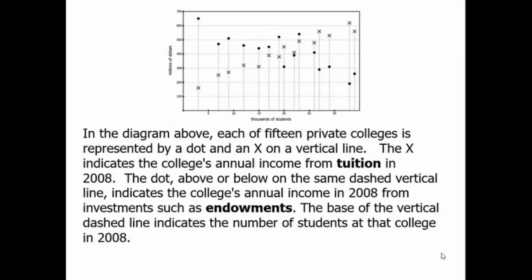In the diagram, each of 15 colleges is represented by a vertical line. The X indicates the annual income from tuition. The dot represents the annual income from investments. The base of the vertical dashed line indicates the number of students at the college. And notice that this horizontal scale is in thousands of students, and the financial scale is in millions of dollars.